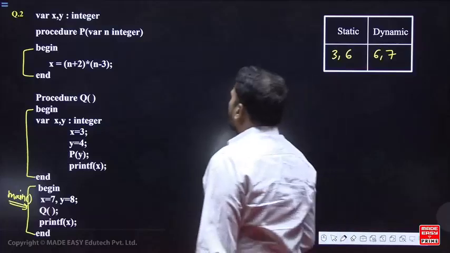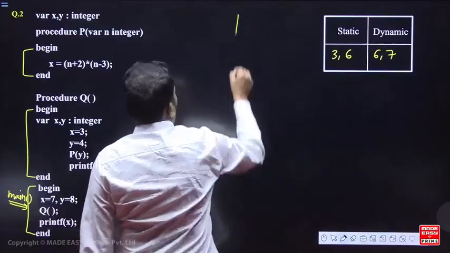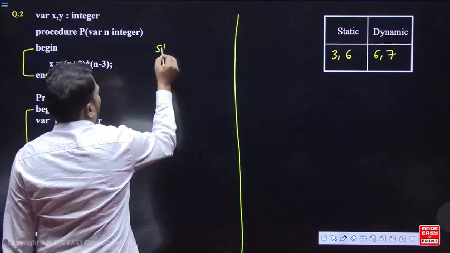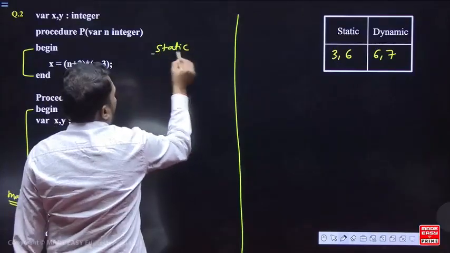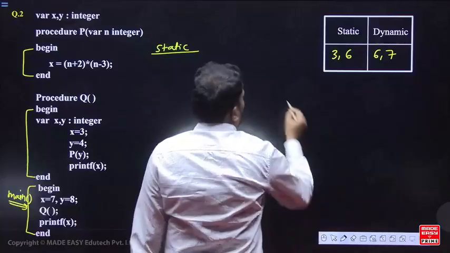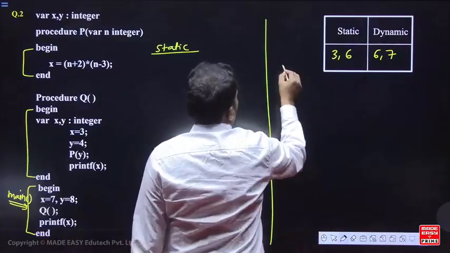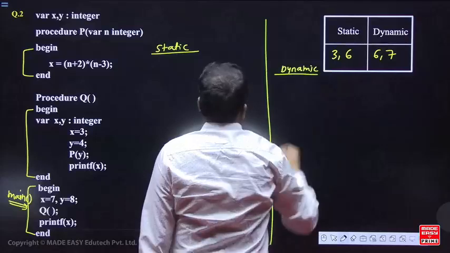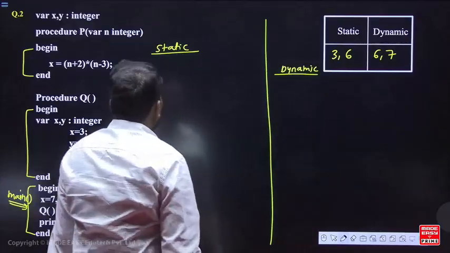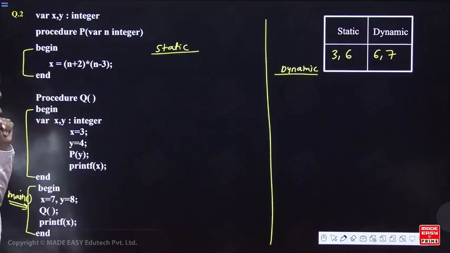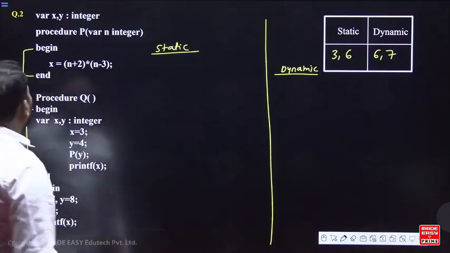So let me solve it. Many students are giving wrong answers. I will solve static scoping on this side, and next, on this side we can solve dynamic scoping. Understand here, for any program memory is allocated at compile time.